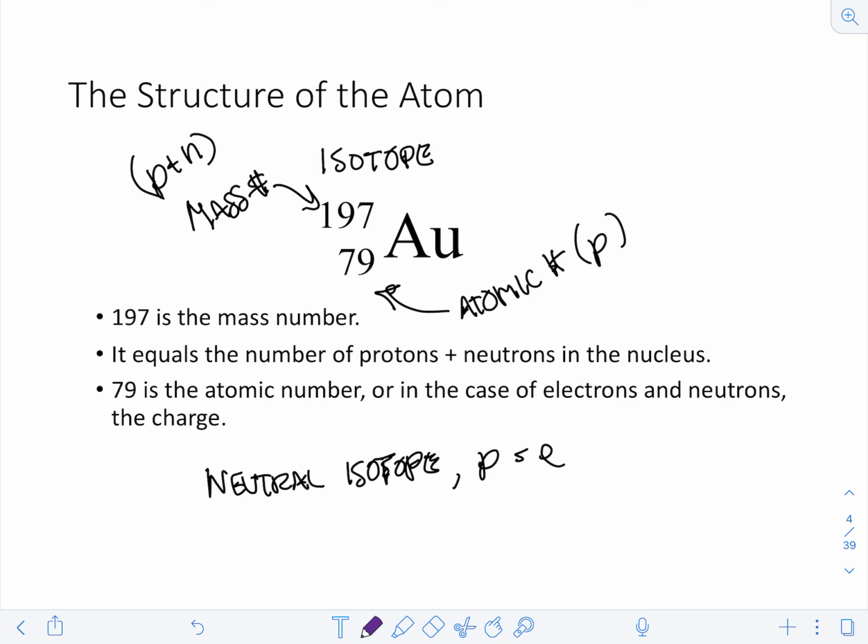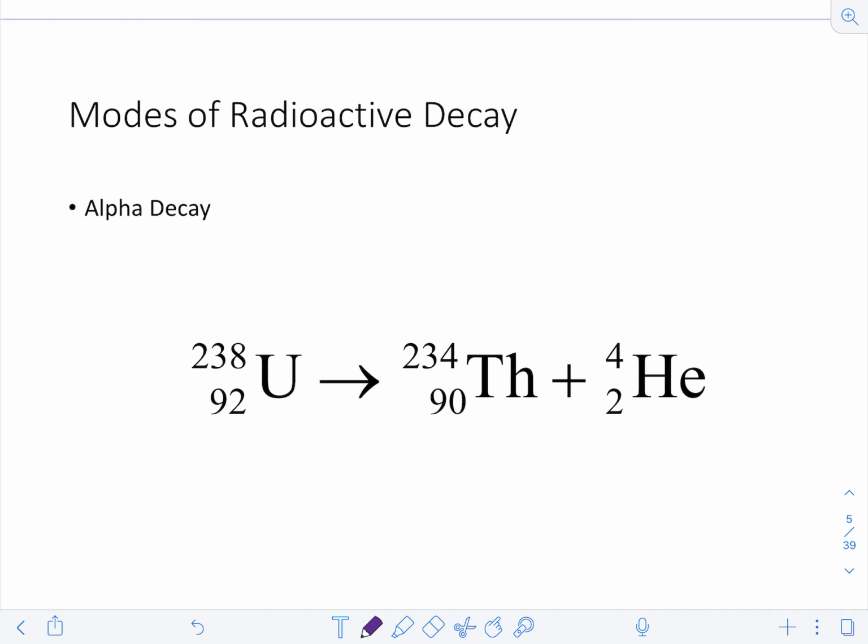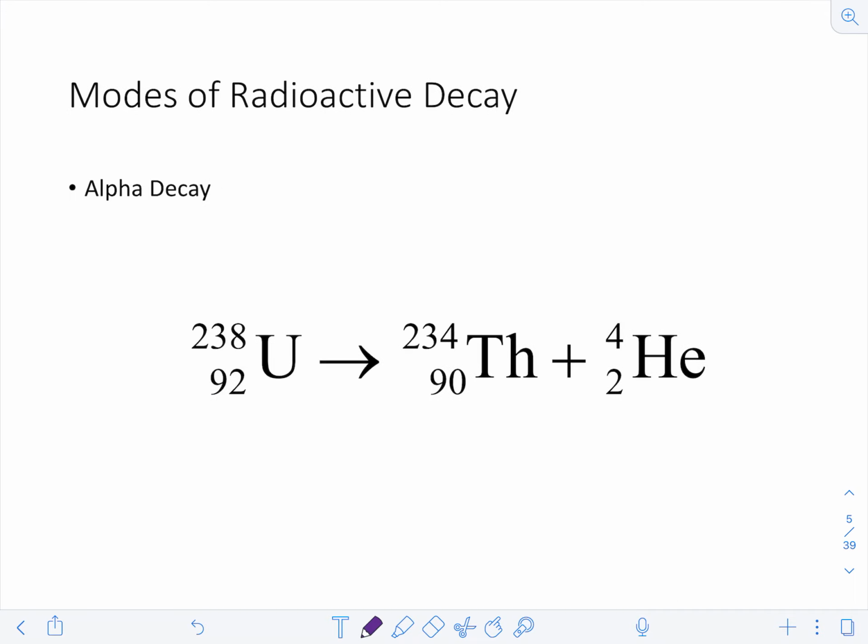Now, please remember that if we're talking about a neutral isotope, so it's not charged, we're assuming that the number of protons will equal the number of electrons. If you do have a charge, that probably means that you have more or fewer electrons, and we'll talk about that eventually.